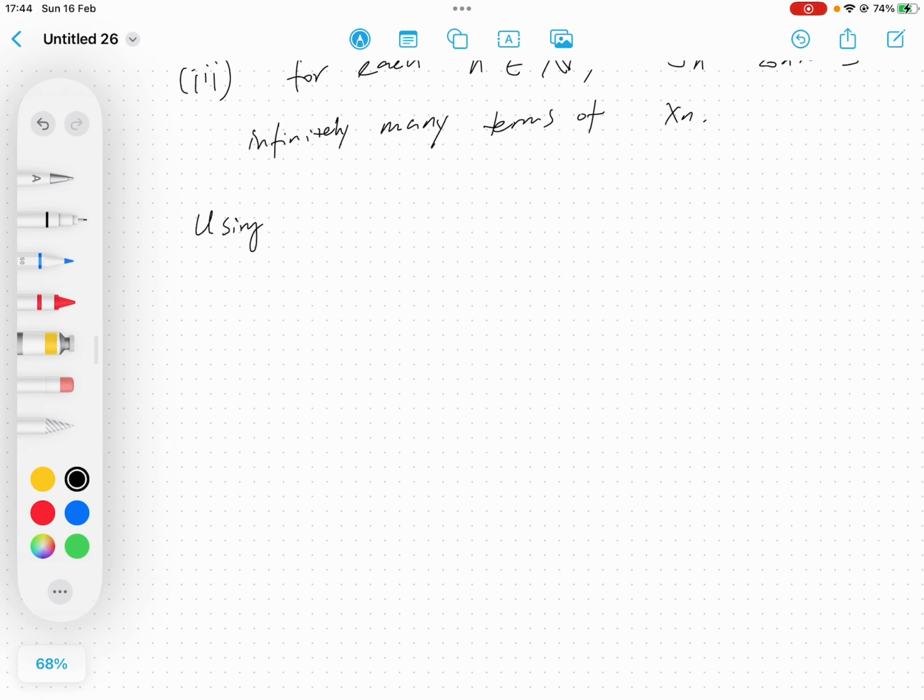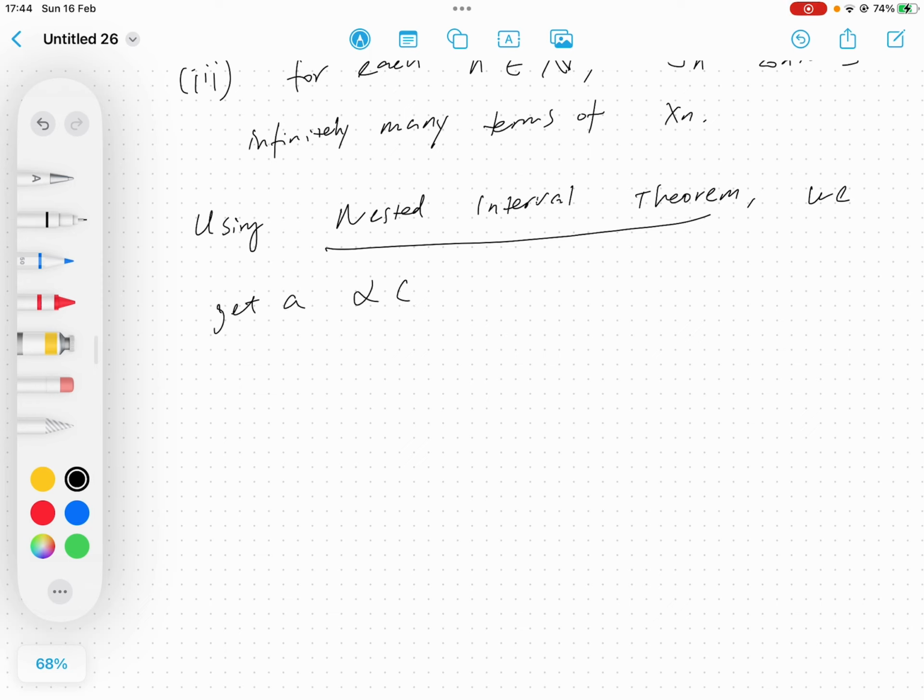Using the nested interval theorem as we discussed last time, we can get a real number alpha such that alpha is an element of all those intersections of the Jn's. And you may already know that this alpha is exactly this limit, right? But we're going to show that later.